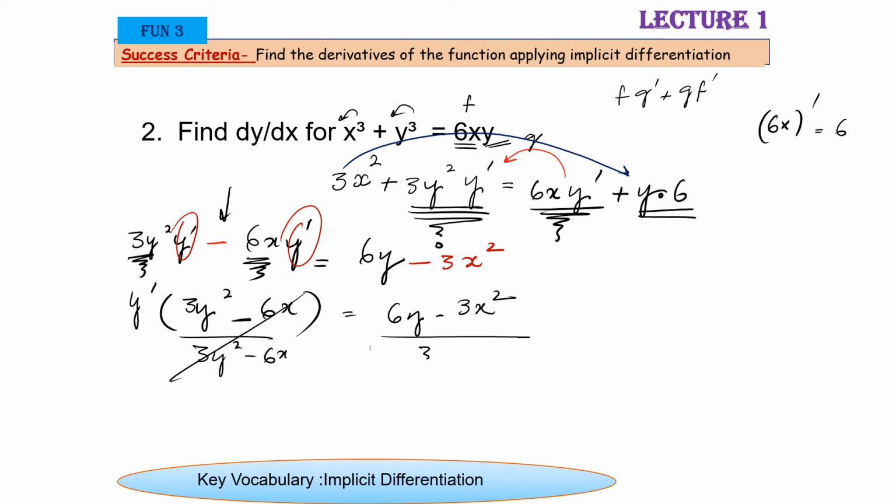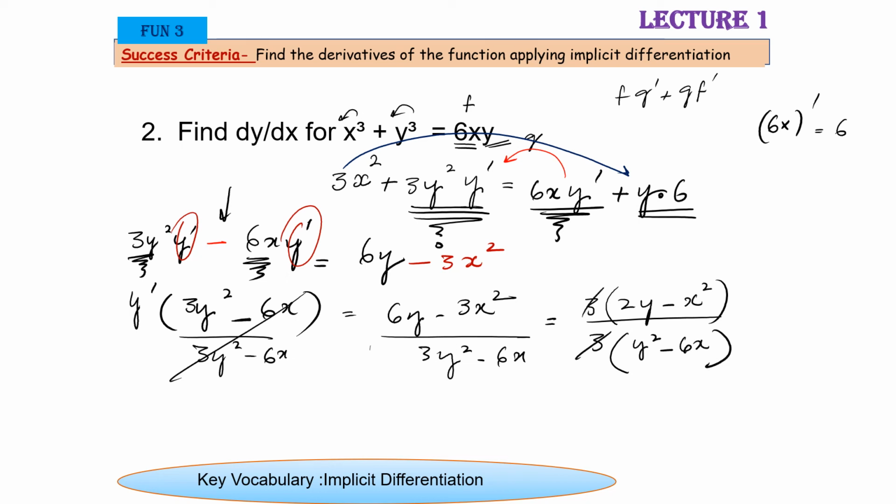Now you can leave it here, but I would suggest taking the 3 common also. If you take the 3 common, you will get 2y minus x square, and in the denominator also take the 3 common, you will get y square minus 2x as the common factor.